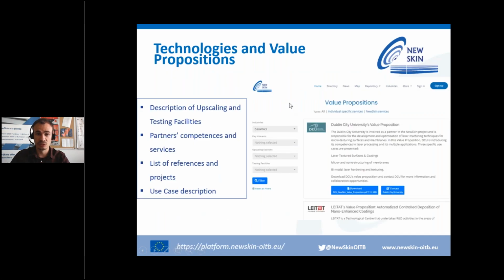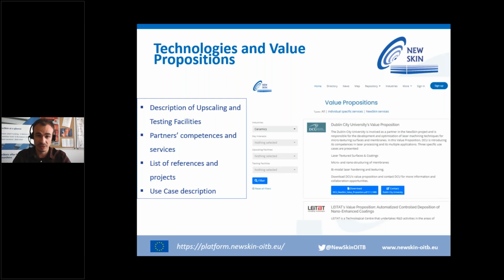Now, in the first part, I'm going to show you how you can get more information on the technology development of each partner. In the NewSkin platform, we have a repository in which we are publishing value propositions. Most of the information you found in this webinar is already available in the repository.